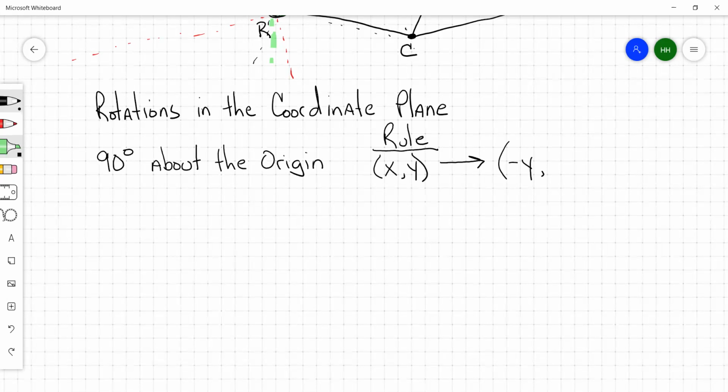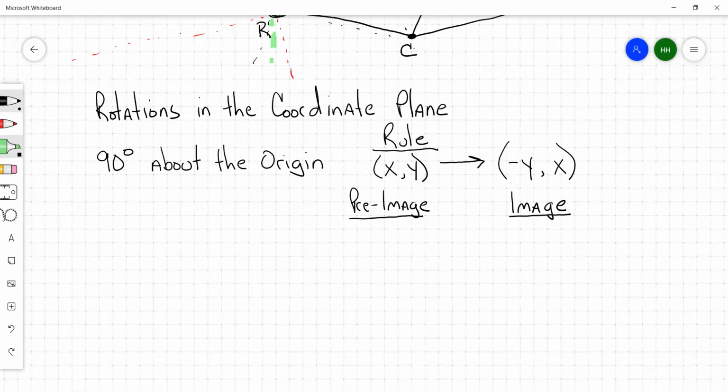Your new y value is the old x, or the original x. This is going from pre-image to image.